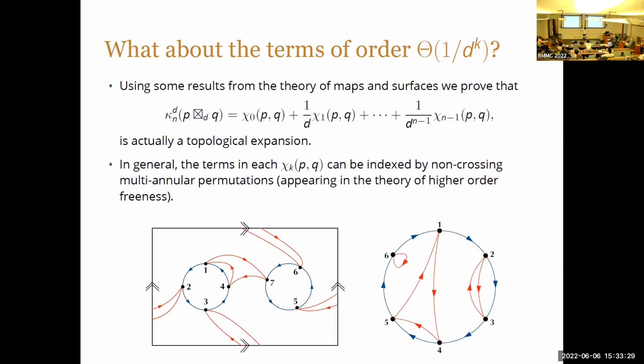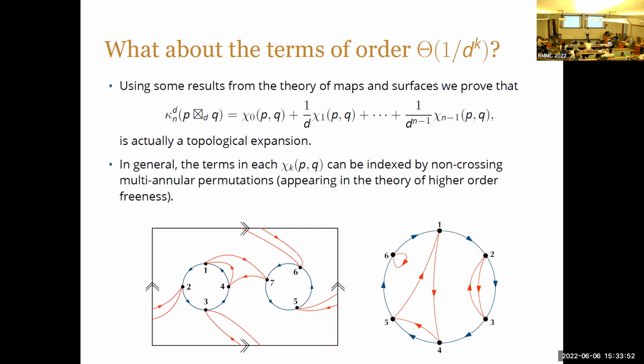For example, this is a torus, you remove 2 disks, and then you connect the numbers on the boundaries of those disks. Non-crossing partitions are a particular case of that, where you start with the sphere, you remove 1 disk, and in the remaining part of the sphere, which is going to be another disk, you connect the numbers without getting any crossings.